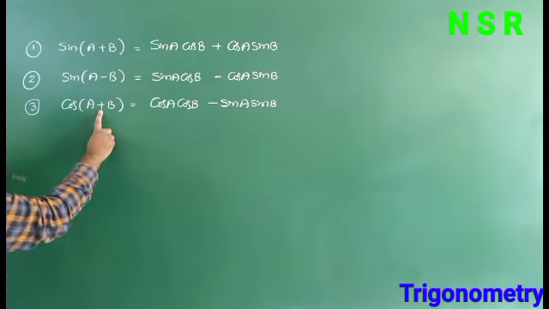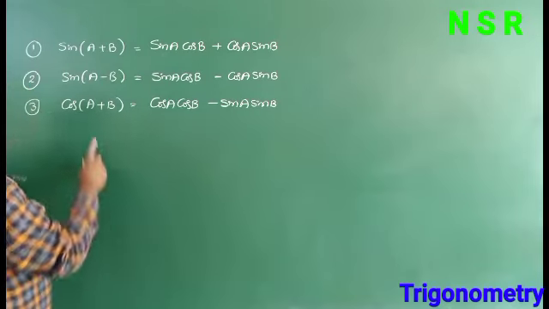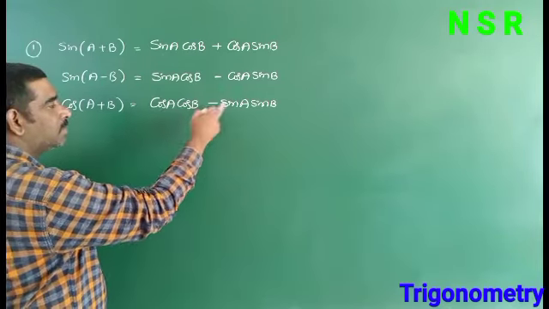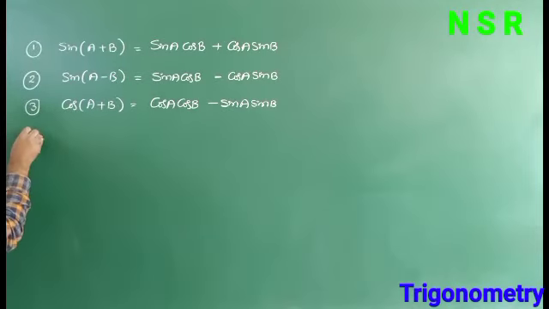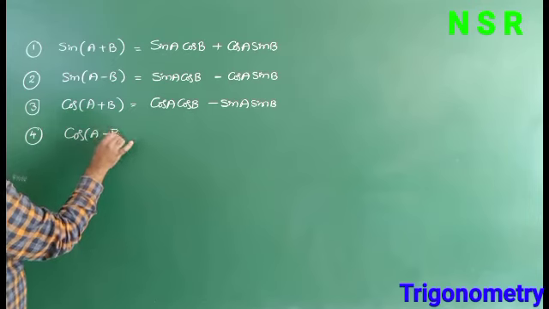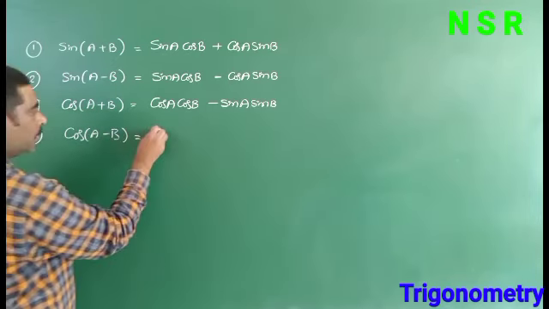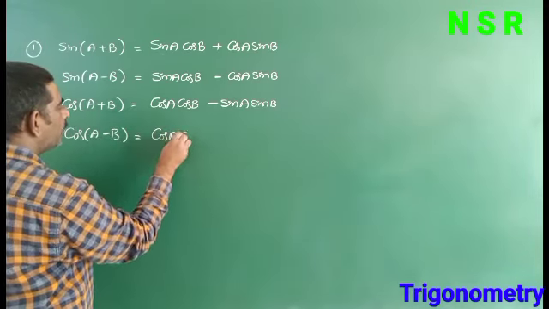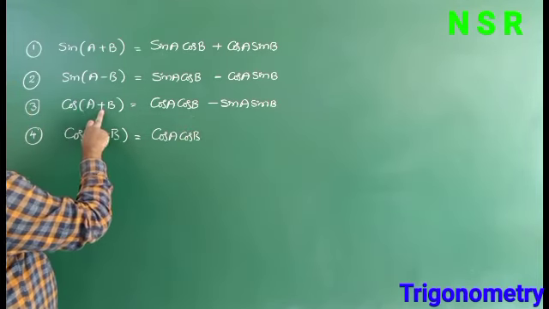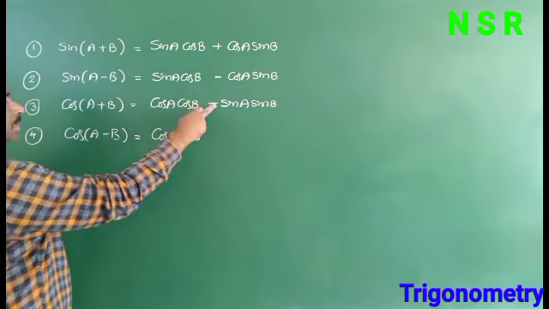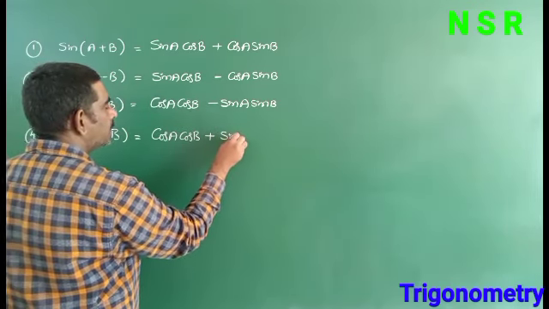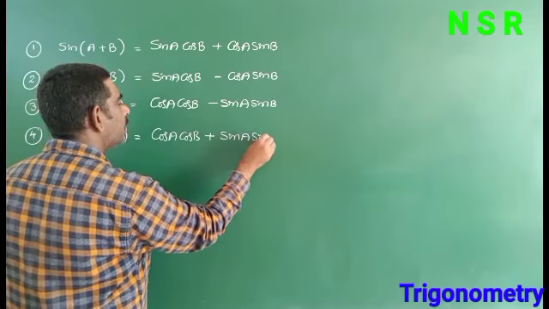So cos of a plus b is cos a cos b minus sin a sin b. Next, cos of a minus b. The formula is the same, but in place of minus write plus: cos a cos b plus sin a sin b. If we have plus write minus, if we have minus write plus.